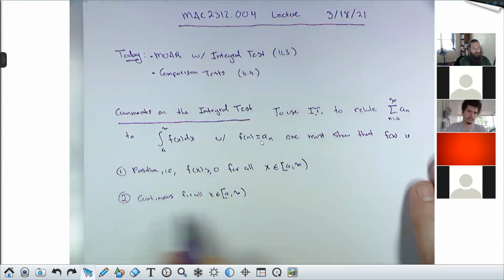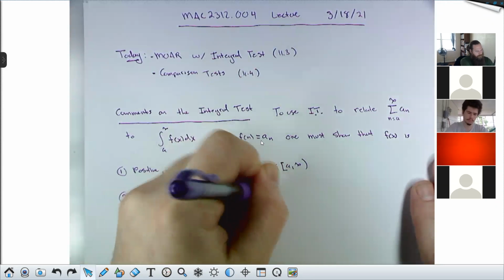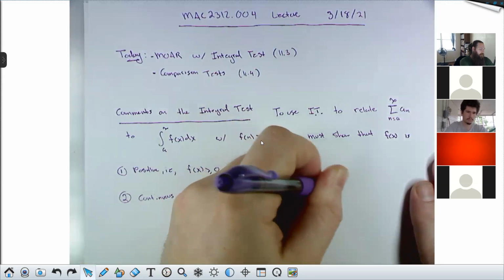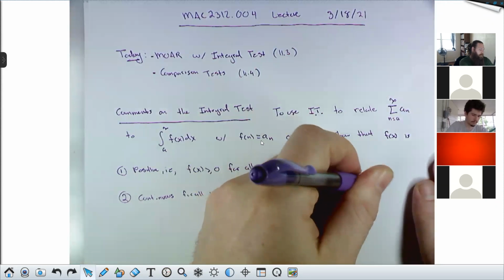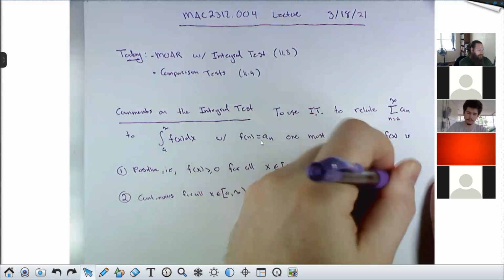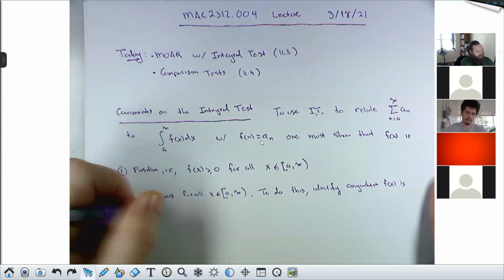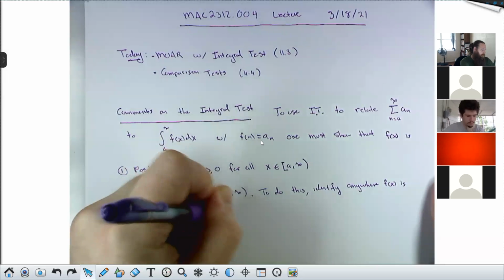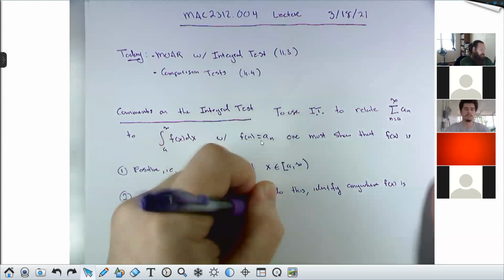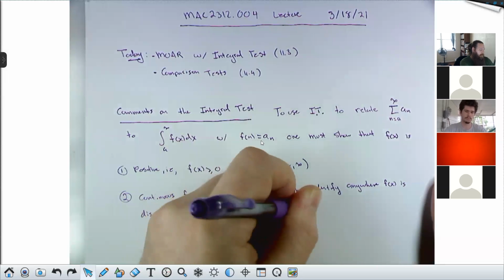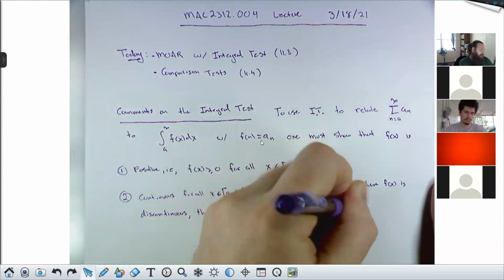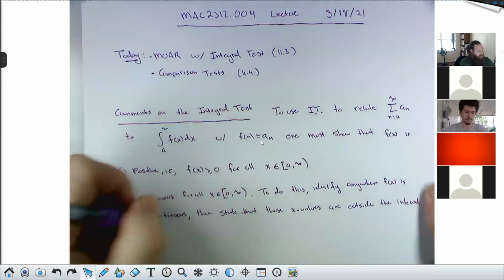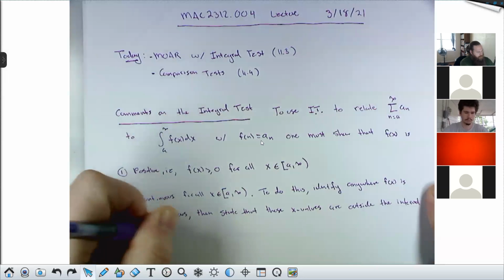And when it comes to showing that a function is continuous, the best way to do this is to identify anywhere the function is discontinuous and then state that those x values are outside the interval a to infinity.